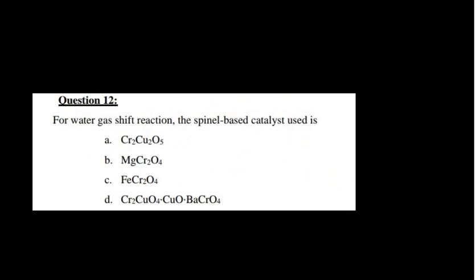So in that case, basically iron chromite, more specifically iron 2 chromite. Okay, this is actually the catalyst which is used in the synthesis of hydrogen from the reaction between carbon monoxide and water vapor. So again, you can blindly mark option C.